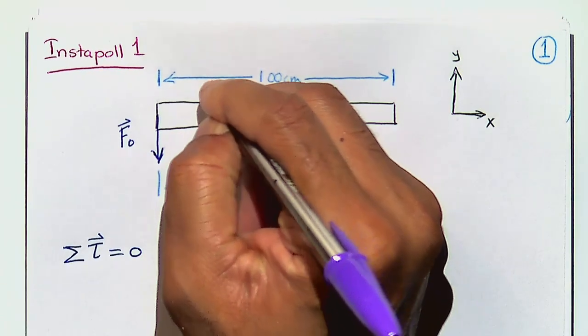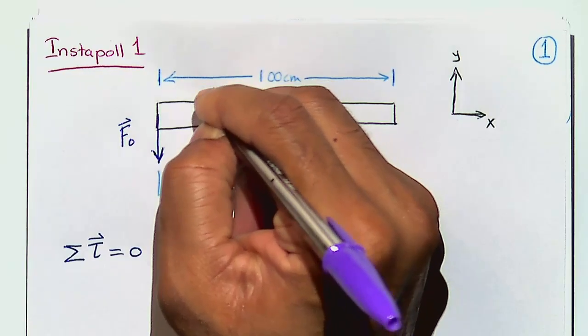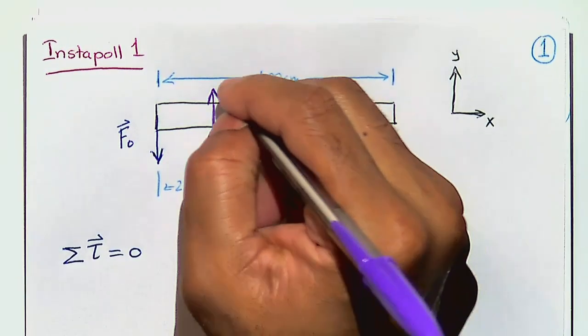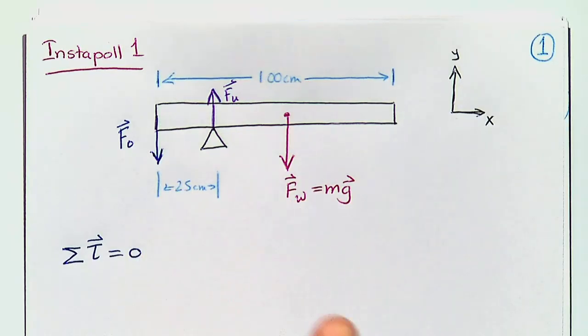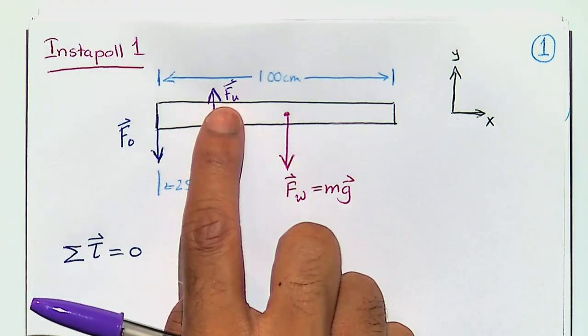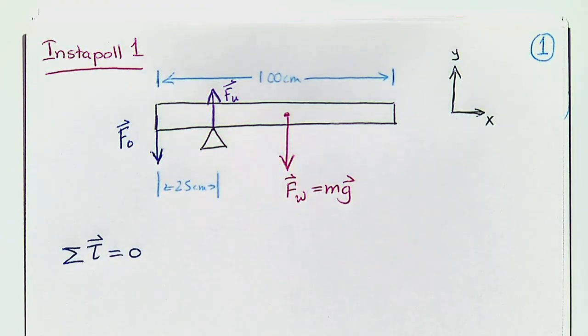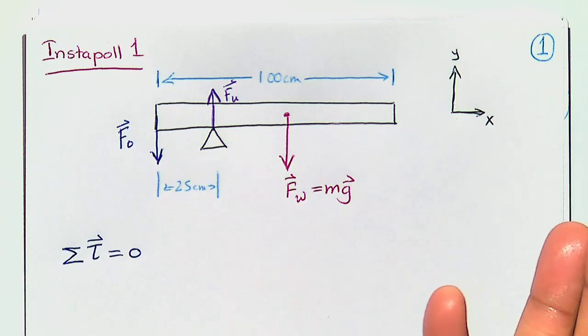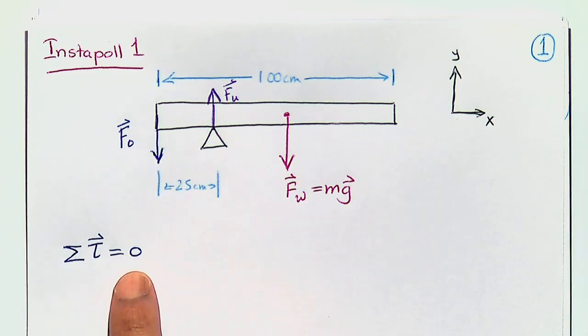There's another force here, call it force up, and that's where the sum of the forces being zero comes in. A negative force added to a positive force sum to zero, and that's why, in a linear sense, it doesn't accelerate. You have plenty of practice with summing forces, so let's just focus on summing the torques.